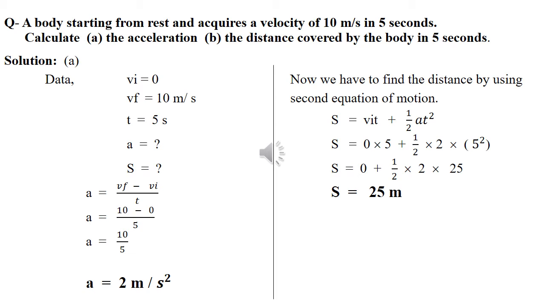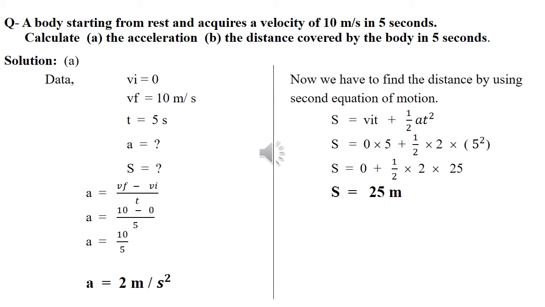Vi is 0, multiplied by time 5, plus 1 upon 2 multiplied by acceleration, that is 2, which we found previously, and t equal to 5. But here t value is squared. So 5 square equal to 25.